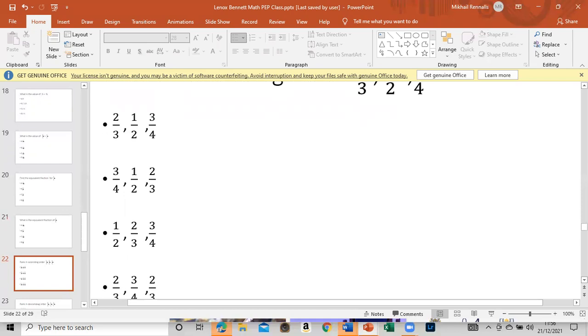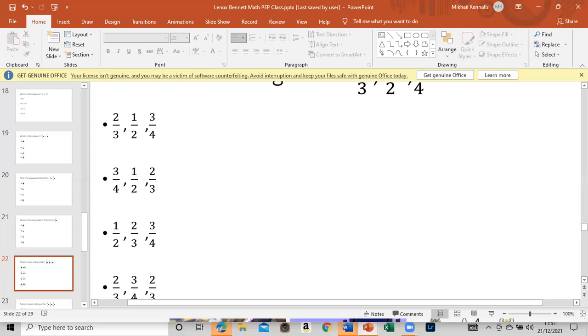Which should be the order of ascending? So we have 2/3, a half, and 3/4. Sir, C. Go up, please. So yes, it would be C: a half, 2/3, and 3/4.